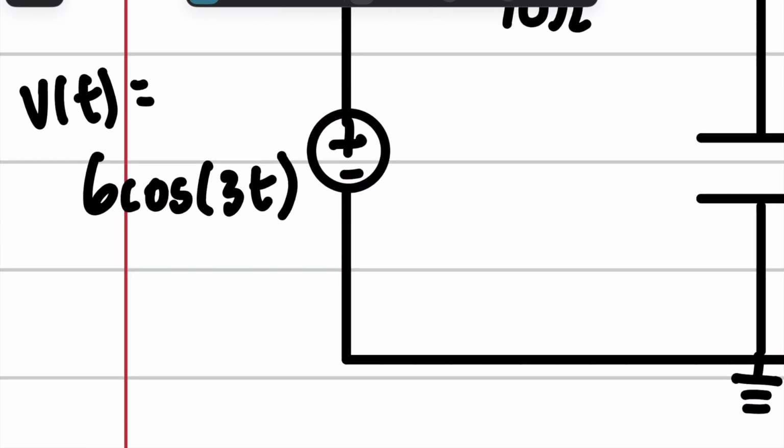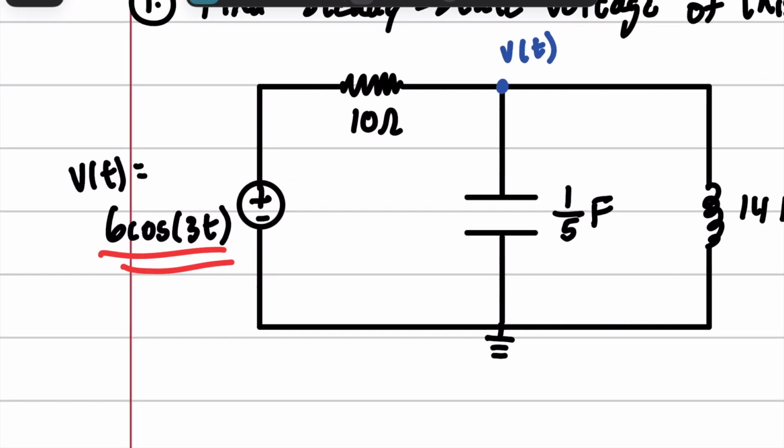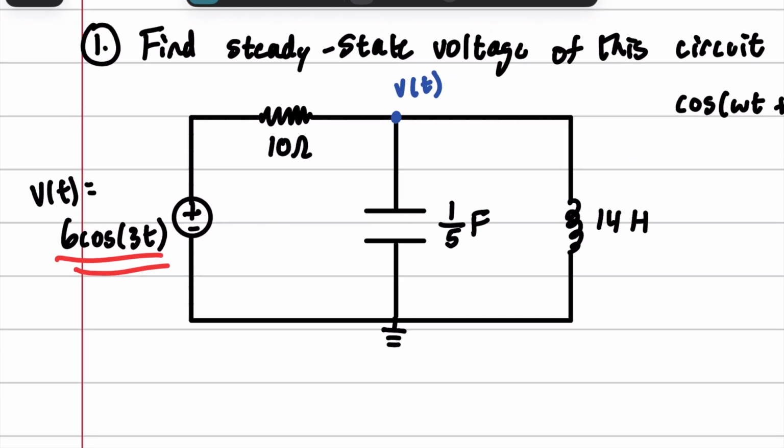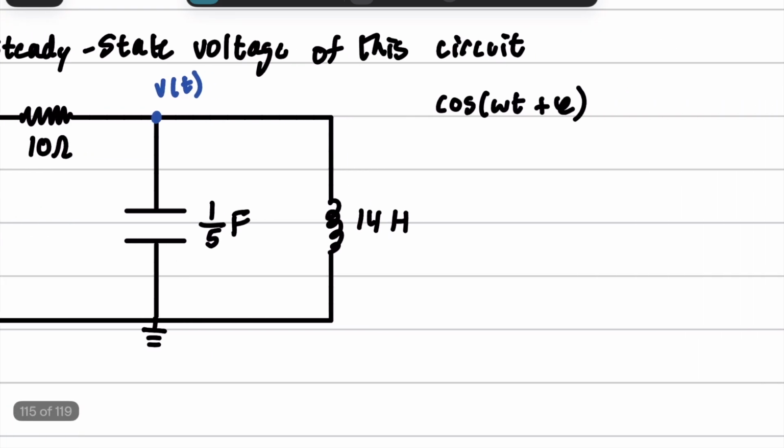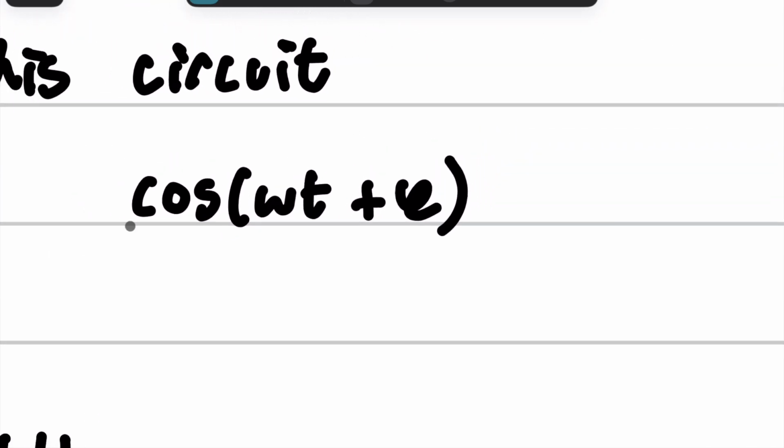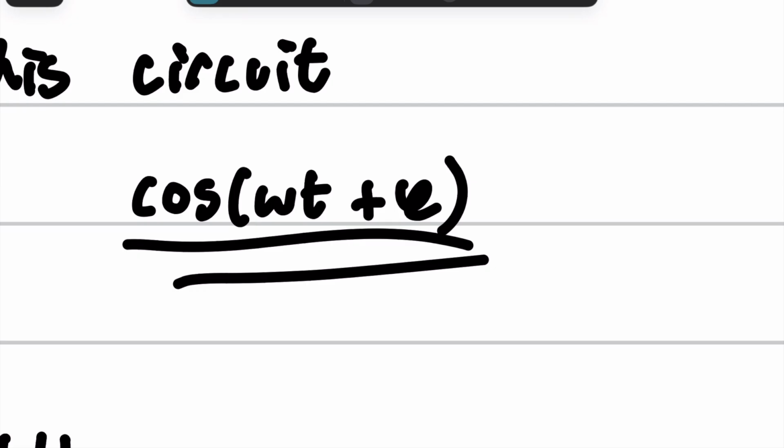But we have this alternating current, so the forcing function is not going to be constant this time. It's going to be a cosine, which is a little more difficult, but that's mostly a differential equations problem and beyond the scope of what I'm going to teach. So remember, this cosine omega t plus phi, any cosine can be written like this.